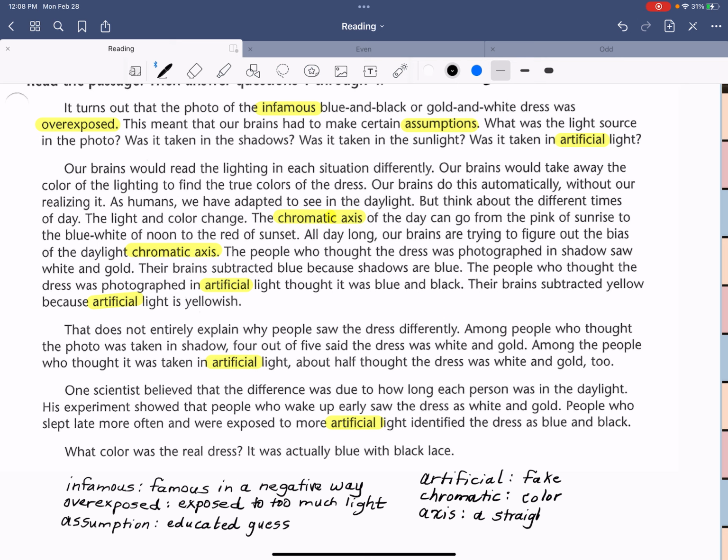So they're talking about the chromatic axis. They're talking about the line of color that proceeds through the day. The day starts with pink at sunrise, and then at noon it's blue, white. It's very bright at noon. And then at sunset we see red. So as the day progresses, we get different colors of light.